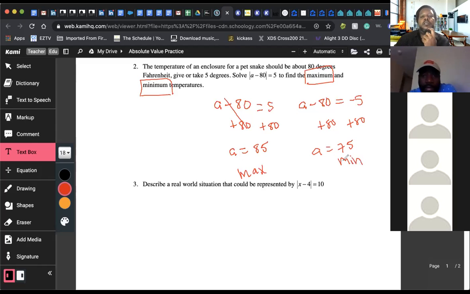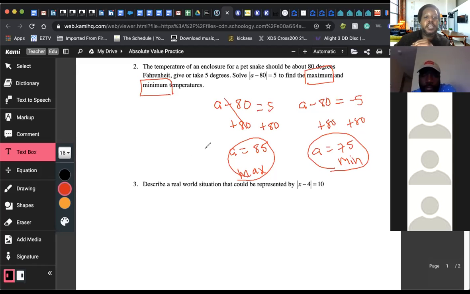All right, very good. So I'll summarize what Jules said because he's a little far away. Because we have the absolute value, it's isolated, and we have a solution that is positive, we're going to have 2 solutions, right? So we have to do both the +5 and -5, and then we just solve. And so the maximum temperature is going to be 85, and the minimum temperature is 75. Because it asks for a maximum and a minimum, I don't have to do a range here.